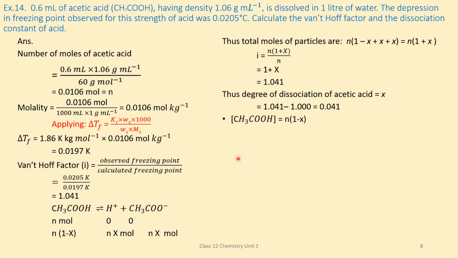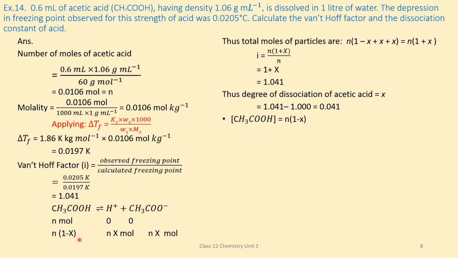Now, we will write the equation for the number of moles of CH3COOH. So the number of moles from this line is n into 1 minus x. CH3COOH is equal to n into 1 minus x.